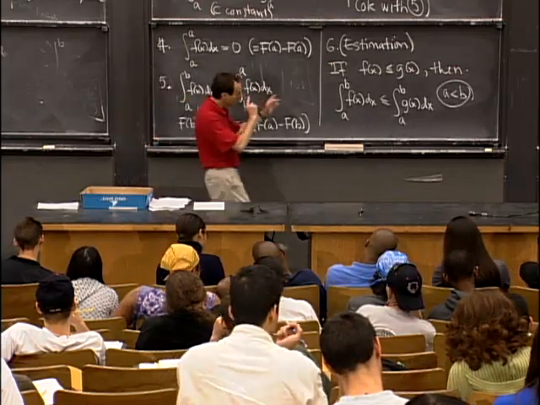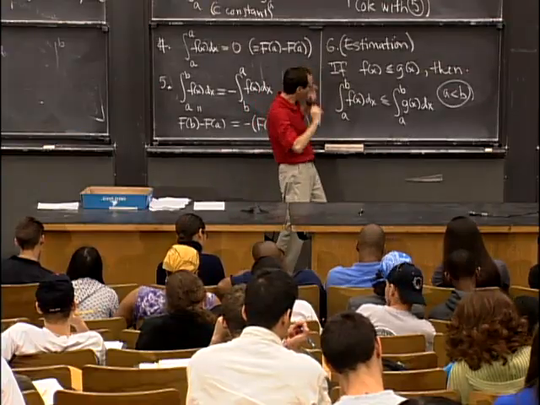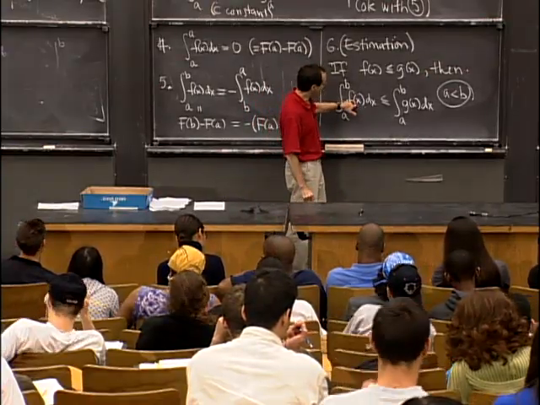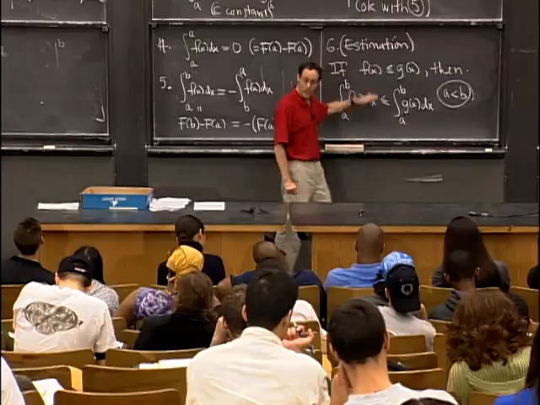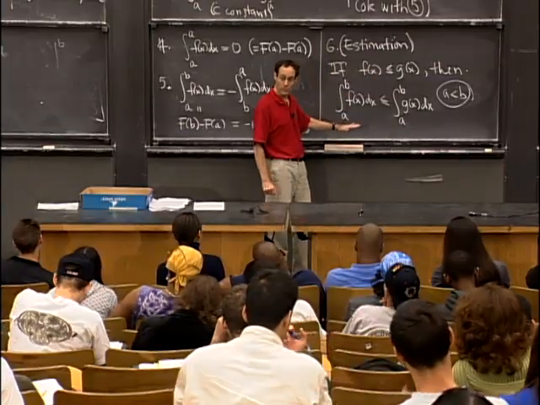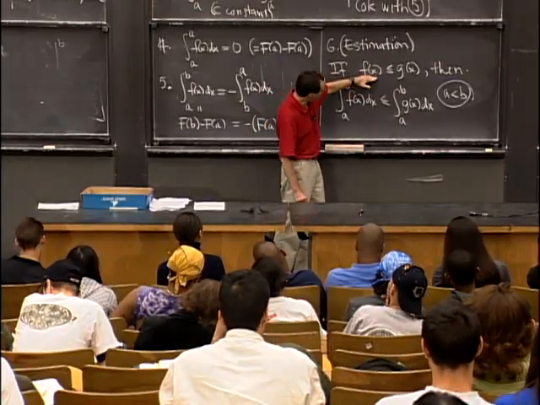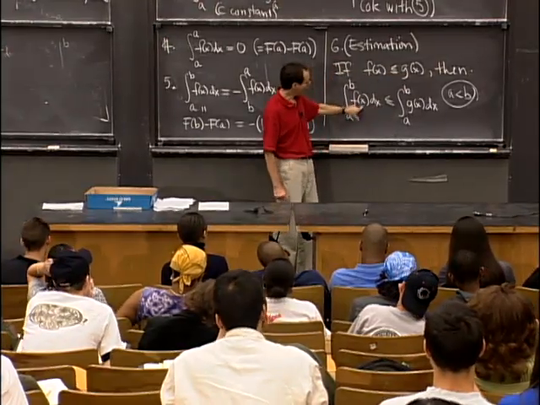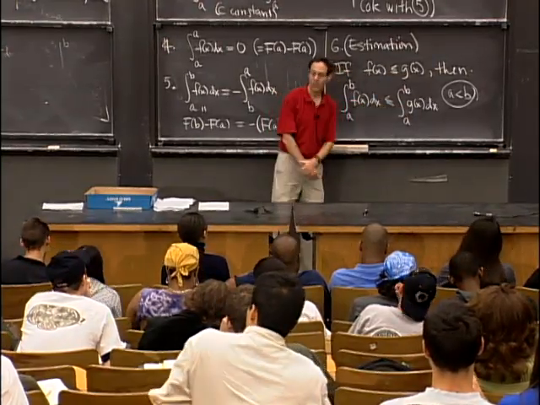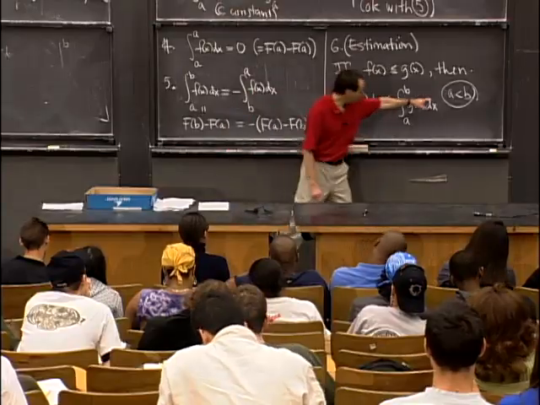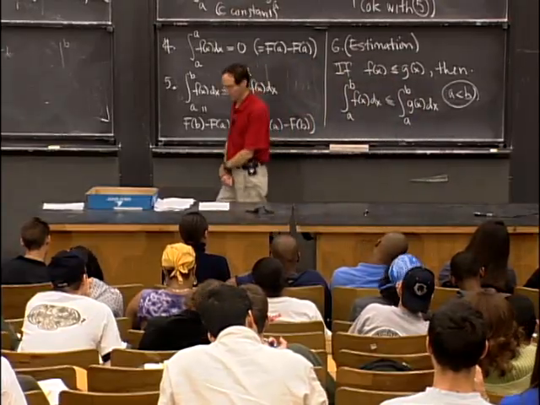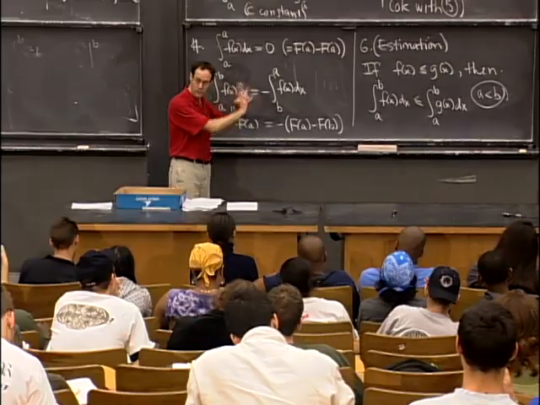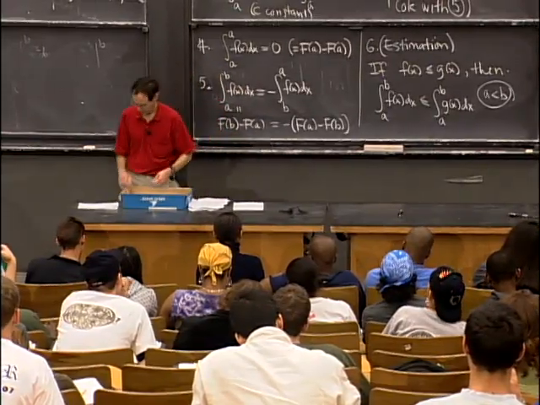But let me just emphasize, because we're dealing with the generalities of this, actually, if one of these is negative and the other one is negative, then it also works. If f is more negative than g, then this added up thing is more negative than that one. Again, under the assumption that a is less than b. All right? So it's as I wrote it. It's in full generality.